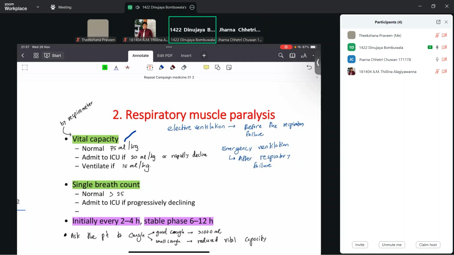We ask the patient to take a deep breath and count as much as possible, but it should not be too hurried. Like 1, 2, 3, 4, 5, 6, 7, 8, 9, 10, until his breath lasts, he should count. It has to be more than 25, and you should do this in the exam.